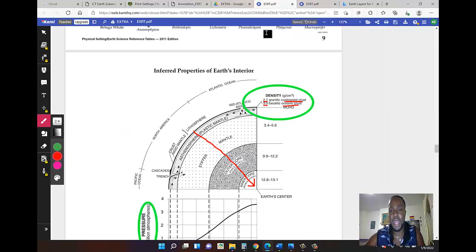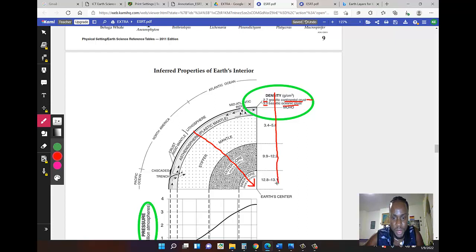So borrowing that idea into this part of our ASRT, the continental crust is granitic, like a granite, which means it is felsic. I want you to add that to your annotation. You can just quickly draw an arrow and say continental crust is felsic, and then basaltic oceanic crust is mafic, M-A-F-I-C.